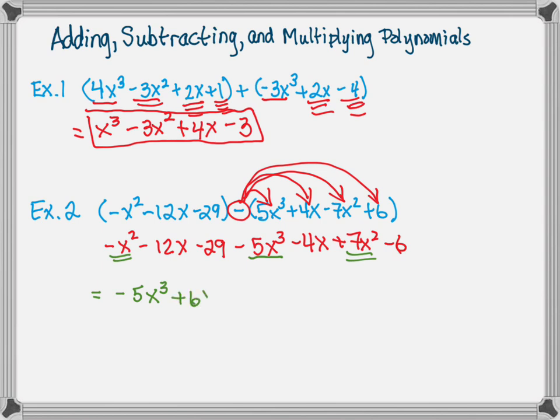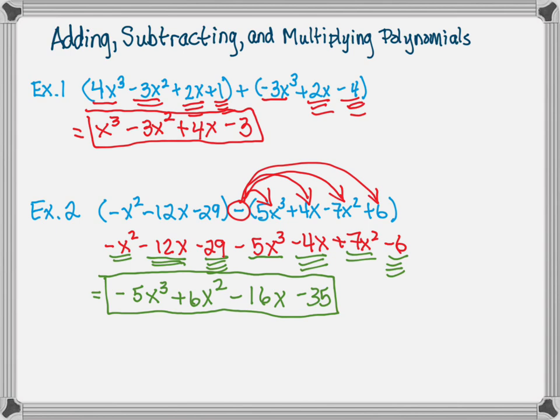Those combine to form positive 6x squared. I have negative 12x, negative 4x. Those combine to form negative 16x. And for constants, I have negative 29 and negative 6. Those combine to form negative 35. So here my difference is negative 5x cubed plus 6x squared minus 16x minus 35.